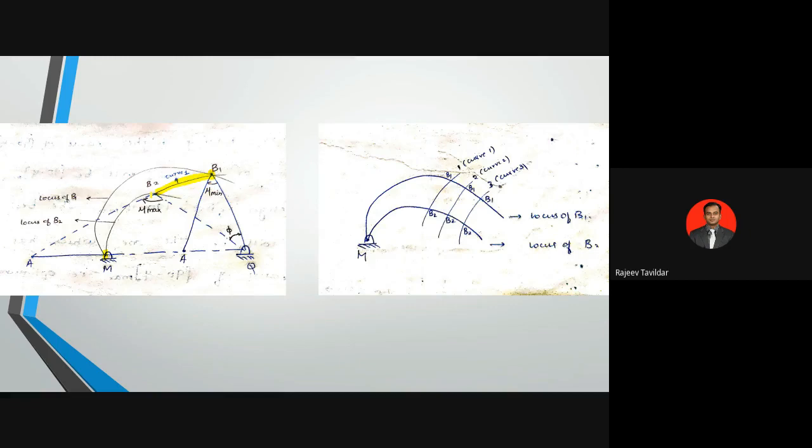But now when I'm talking about the locus, it is for the entire rotation of that particular crank, that is MA. So the movement of point B with respect to point M has been extrapolated and traced with this curve. Even if I get a few points, then I can extrapolate it, and the path that will be generated is called the locus here.